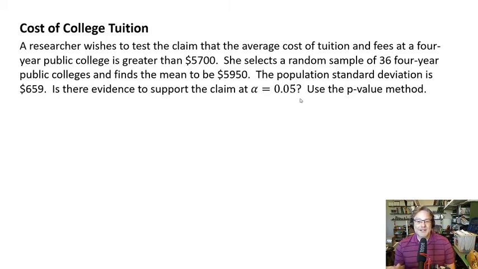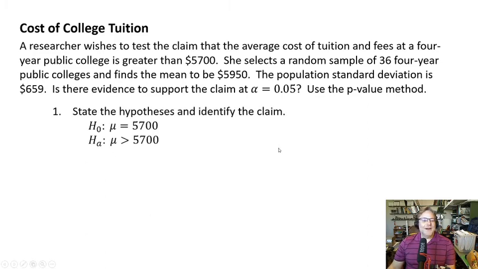This looks very similar to our previous hypothesis testing methods, and in fact it's going to look like that as we're sketching this out, but we're using the p-value method, so you're about to see something slightly different about two-thirds of the way through. Our hypotheses are exactly the same as you would create before.